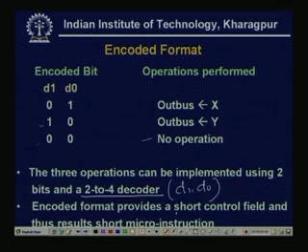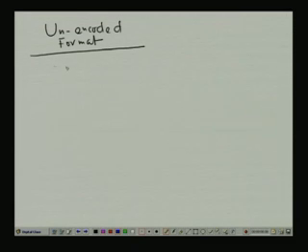So, encoded format provides a short control field. Why? See, if we have some 5 control lines, then for unencoded format we need 5 bits C0, C1, C2, C3, C4.